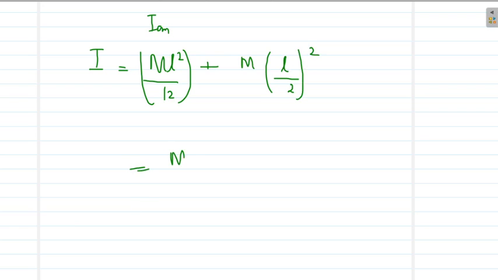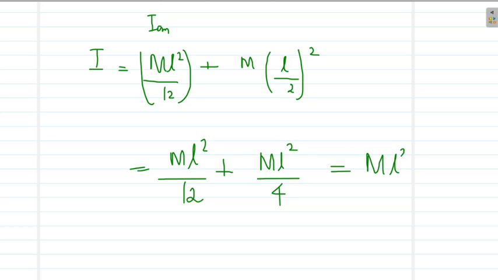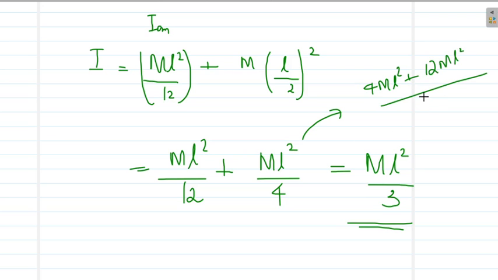So this is equal to ml square by 12 plus ml square by 4, which is equal to ml square by 3. So you do it like this: 4 ml square plus 12 ml square divided by 12 into 4, which is 48. So that is 16 ml square by 48, which is ml square by 3.